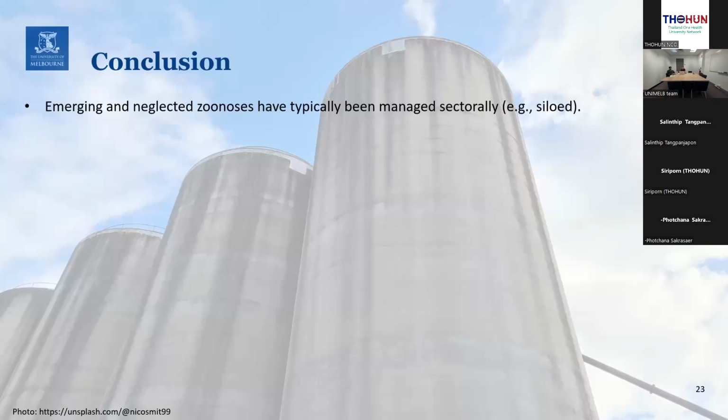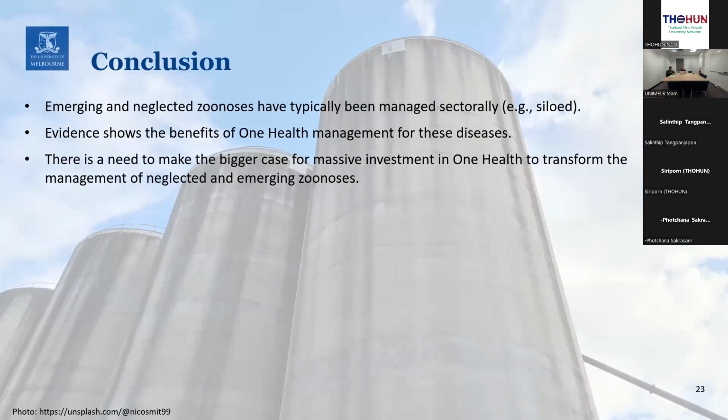This is a problem that we run into a lot with our work, is that emerging and neglected zoonoses have typically been managed sectorally. So they're siloed, there's money that goes to a certain ministry, and once it sits in that ministry, there's not always good communication across health and environment and agriculture. So the evidence shows the benefits of One Health management for these diseases.